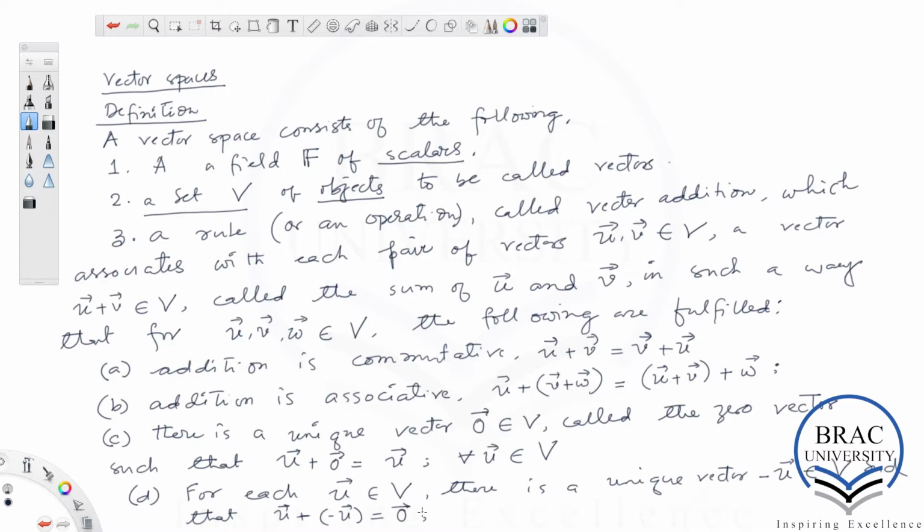Negative u is called the additive inverse of u. So these four properties need to be fulfilled with respect to vector addition.